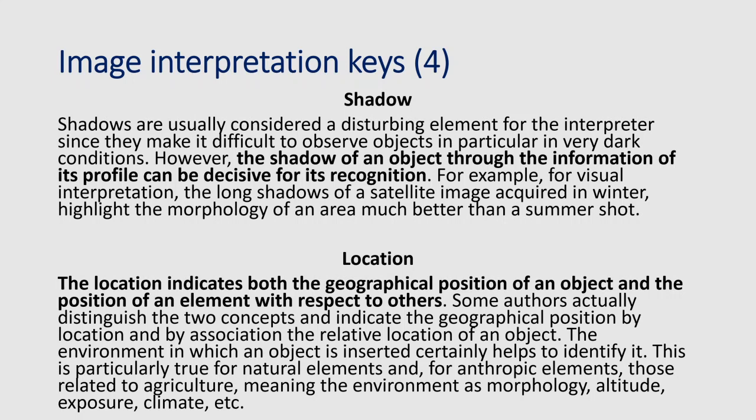Another example, if we have a road, this road should go somewhere. Otherwise, it makes no sense to have a road. So if there's a road, maybe along this road there will be some buildings, or this road goes somewhere. There are no roads that go to nowhere, finishing in the middle of nothing.